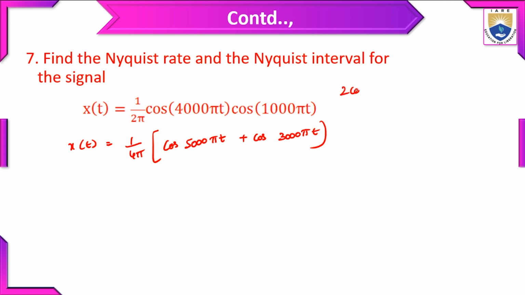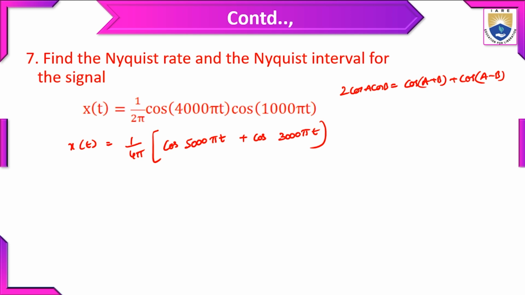It is in the form of 2 cos A cos B equal to cos of A plus B plus cos of A minus B. In this trigonometric formula, I substitute: 4000 plus 1000 gives 5000, and 4000 minus 1000 gives 3000.